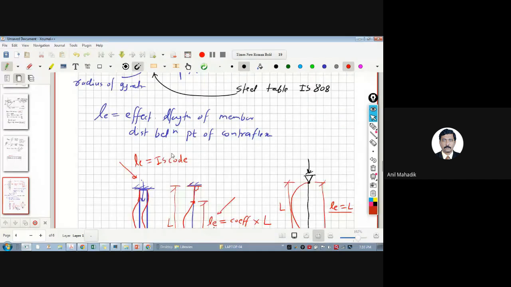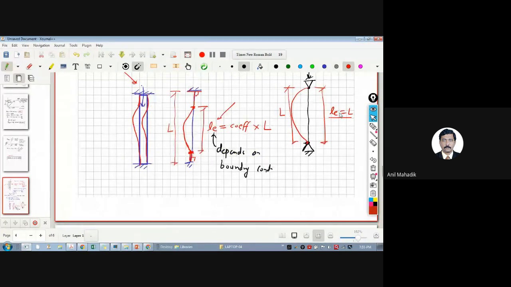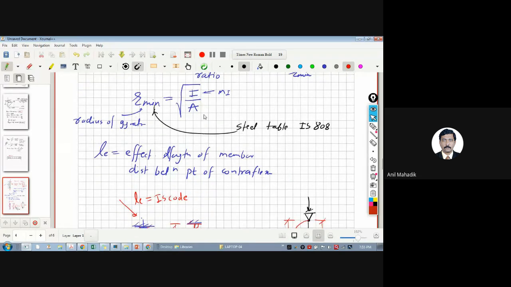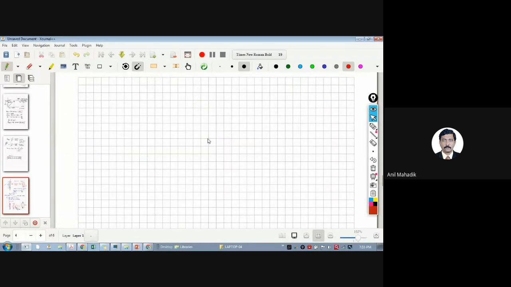Now r values. So we are interested in this L effective and then r values. What is r, or what is moment of inertia? Let's see in detail first. Let's take an example of an I section. This I section has some cross-sectional area.